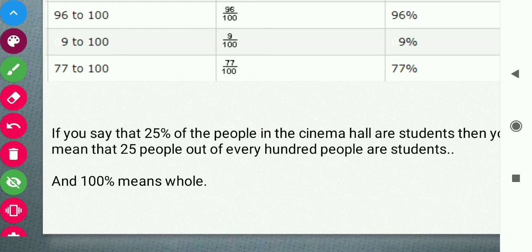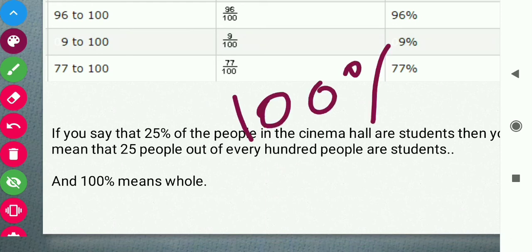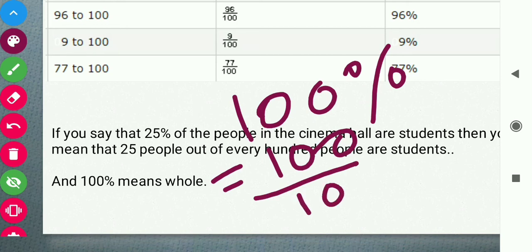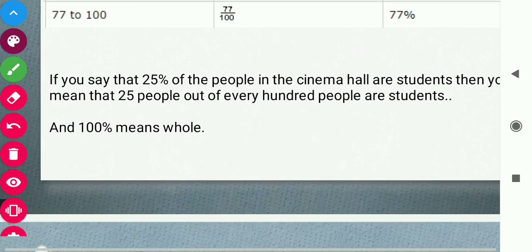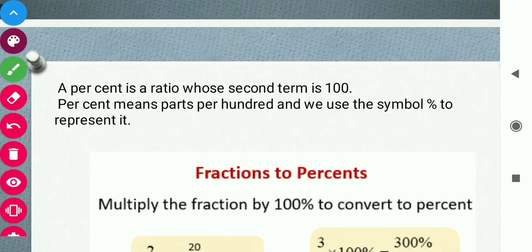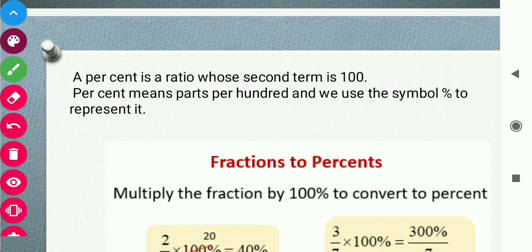And friends, one thing: 100% is always a whole. 100% you can write as 100 upon 100, which is just 1, and 1 represents a whole. So a percent is a ratio. Another definition: a percent is a ratio whose second term is 100, and we have the symbol %.